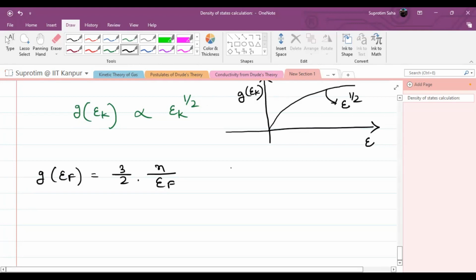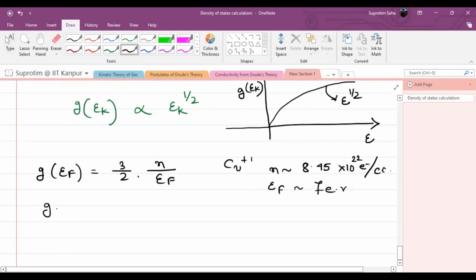So in earlier lectures, you saw for copper, n is 8.45 into 10 raised to 22 electrons per cc. And EF, we learned in the last lecture, is 7 electron volt. So if you have to calculate the density of states for copper at the Fermi energy, this will be given by 8.45 into 10 raised to 22 per 7 electron volt.